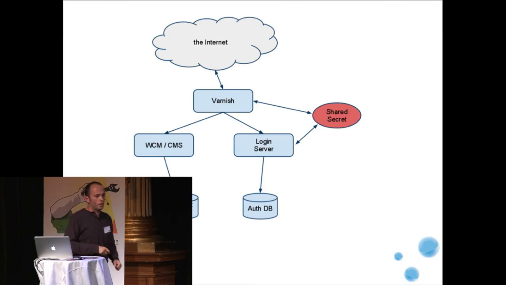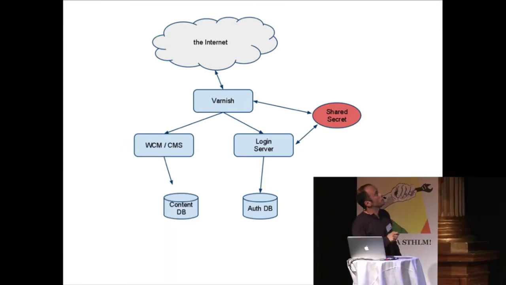Now then we issue some sort of a refresh. So the user tries one more time to actually get the actual article. Now, when this request hits Varnish, it will hit it with the cookie set. And because Varnish has access to the actual shared secret, we can verify that the cookie is originating from us.